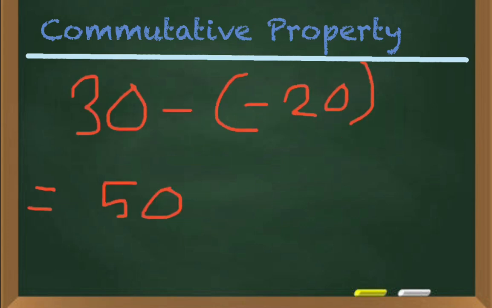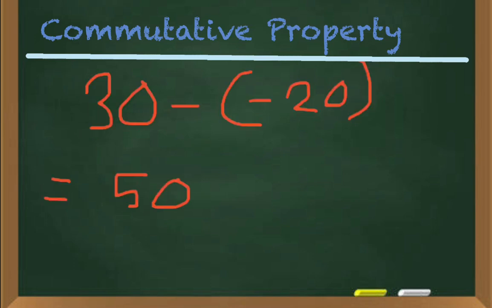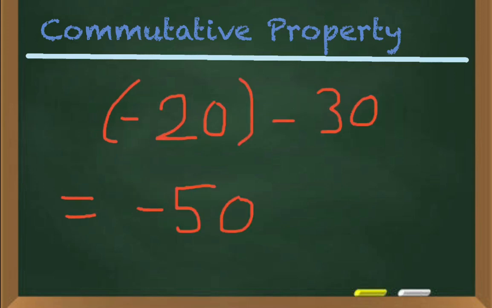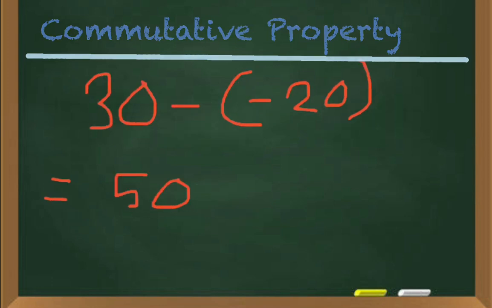So in subtraction we need to make sure that whatever the question is asked, we write that in the correct order. If we write in the wrong order, the answer will also come wrong. These two examples ensure that the commutative property under subtraction does not hold true.